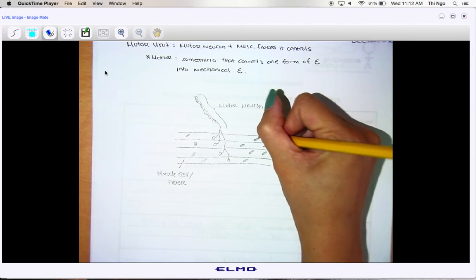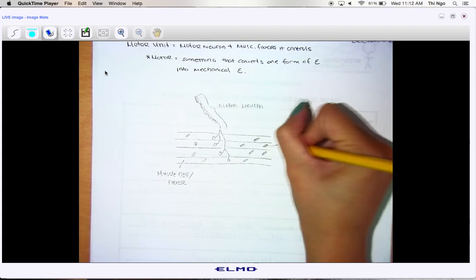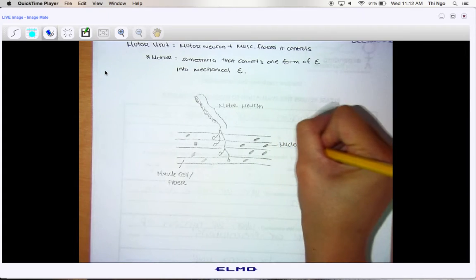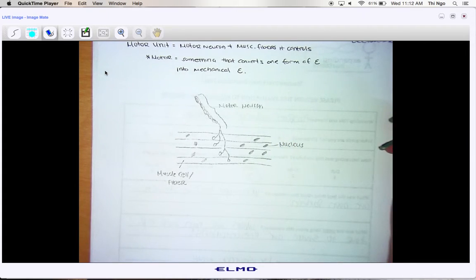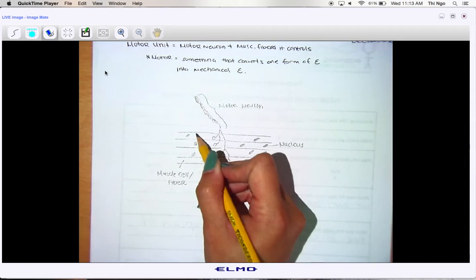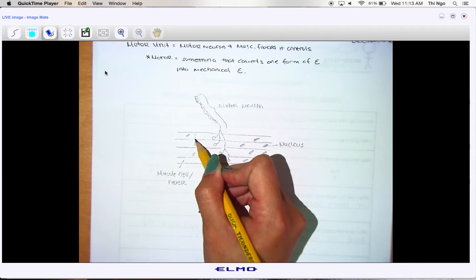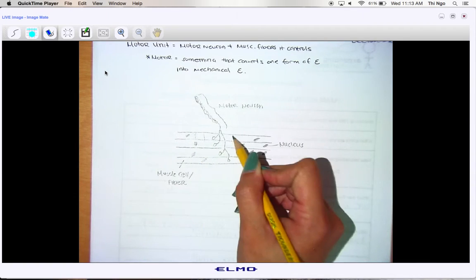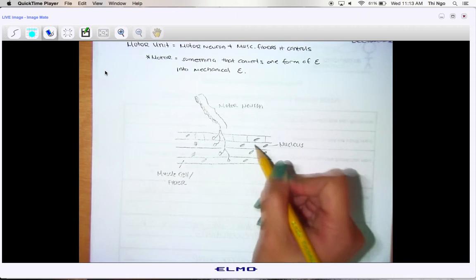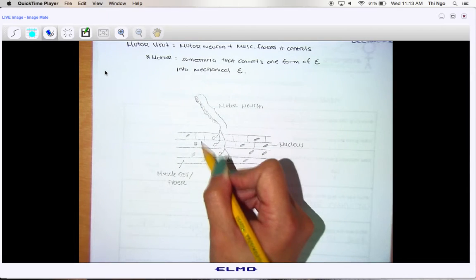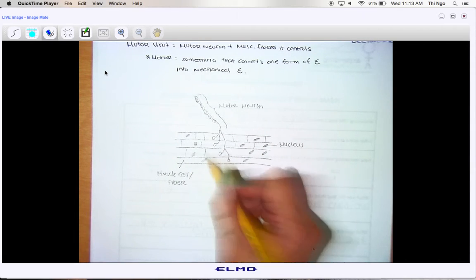I'm going to label the nucleus there. And of course, the muscle cell is striated because of those Z lines. So we're going to draw really light striations which are formed by the Z lines of the actin protein.